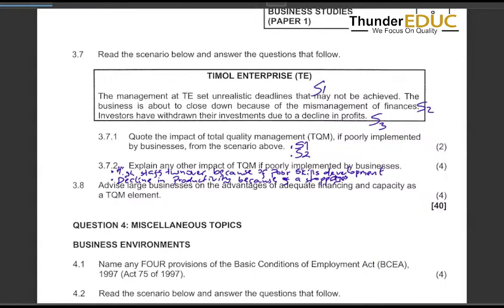Okay, so now let's move on to the next question, which is 3.8. 3.8 reads as follows: advise large businesses on the advantages of adequate financing capacity as a TQM element.